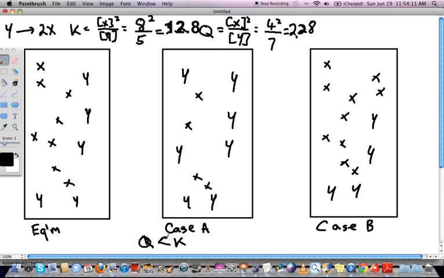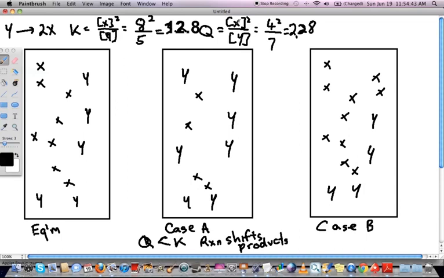In order to get to K, the numerator is going to have to get larger. The numerator in this case is the products, so the reaction will shift towards the products. The other way of looking at it is you can say it's shifting away from the reactants, because as well as making the numerator larger, you could also make the denominator smaller.